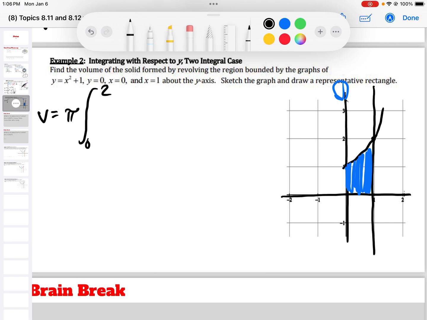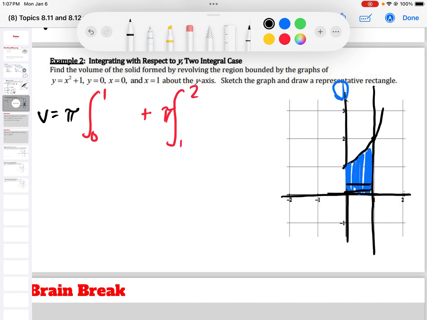But I don't need the washer method from 0 to 1; I do need the washer method from 1 to 2, because there's a gap between my axis of revolution and my graph. So I'm going to break this up into 2 parts. That's why it says the double integral case. I'll go from 0 to 1, and then from 1 to 2, and they're different in each case.